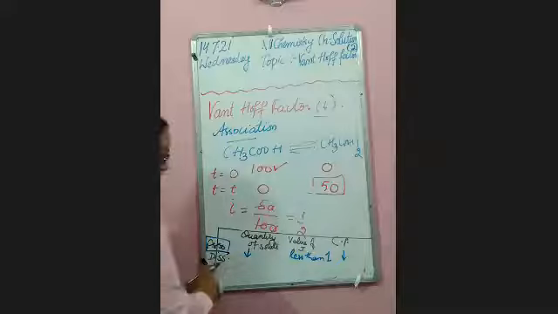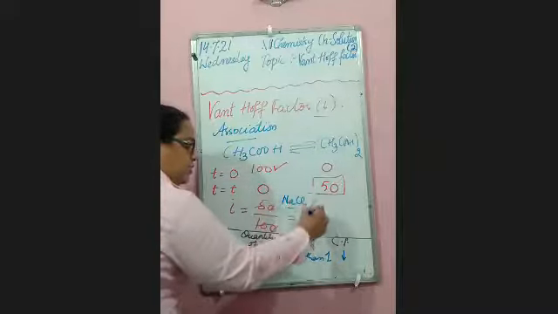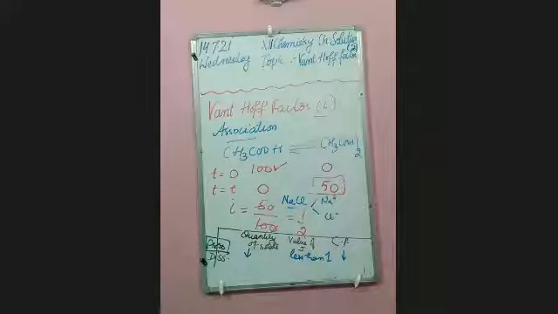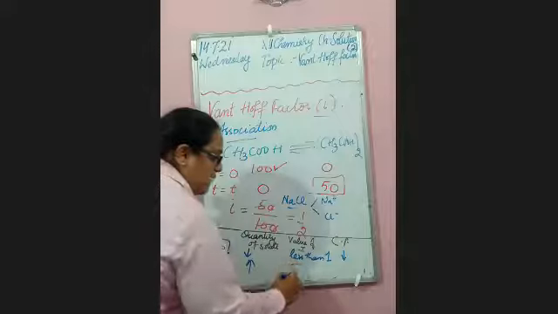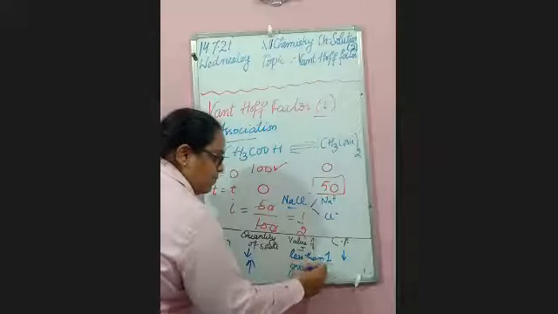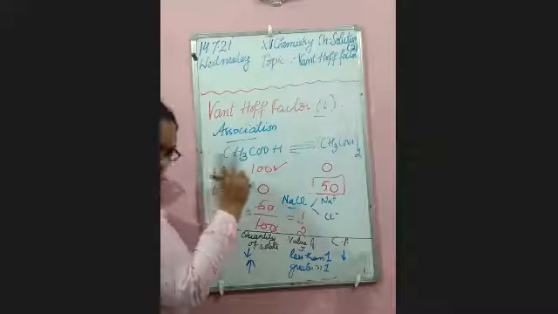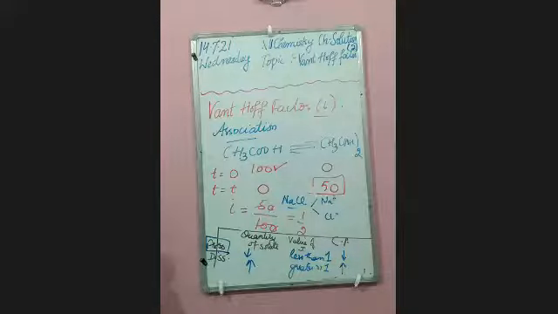In case of dissociation, like NaCl dissociating into Na plus and Cl negative, the number of ions will increase. So quantity of solute will increase and i will be greater than 1, like in the last case it was 2, and colligative property will also increase.